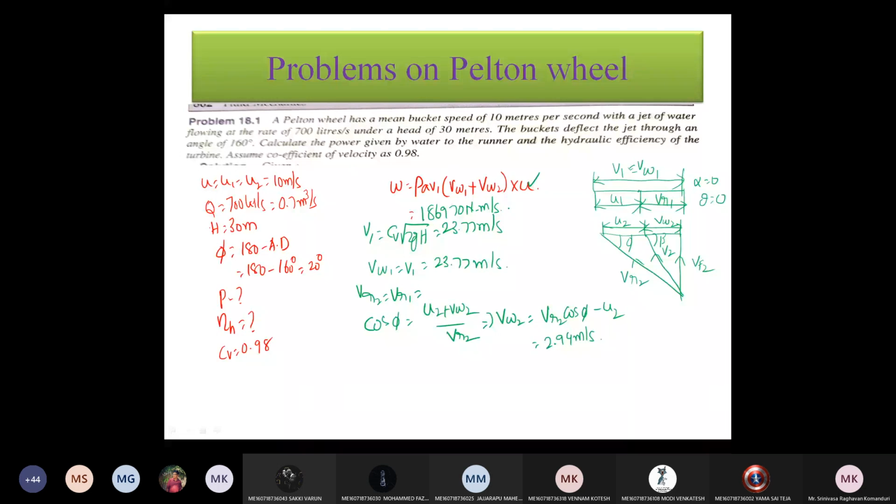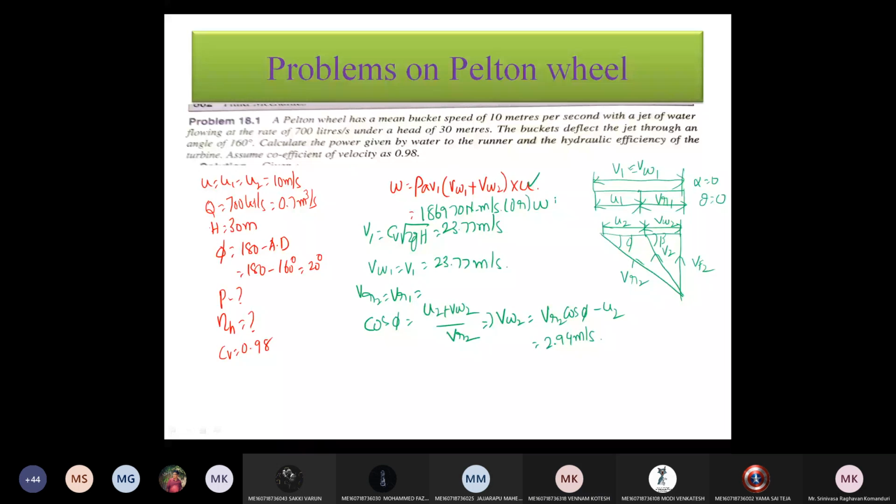Newton meter per second is nothing but power developed. Newton meter is joules, joules per second is watts. Power should be in kilowatts. If you want to convert watts into kilowatts, simply divide by 1000.